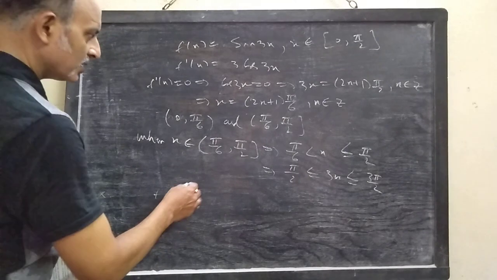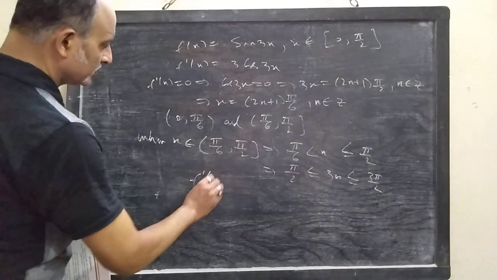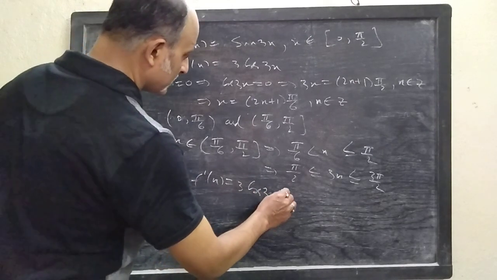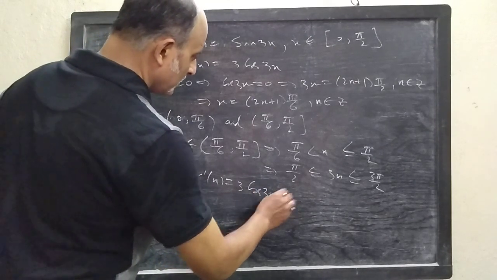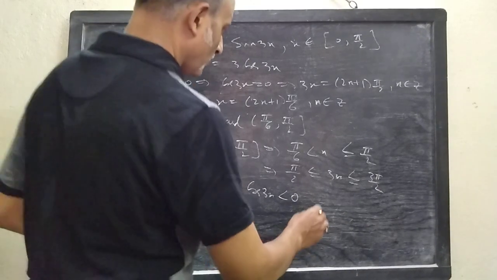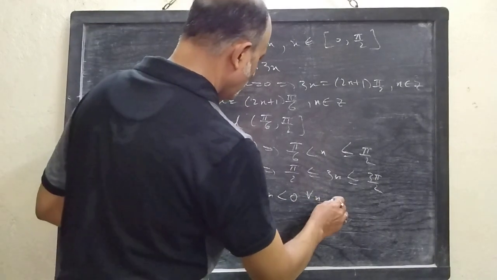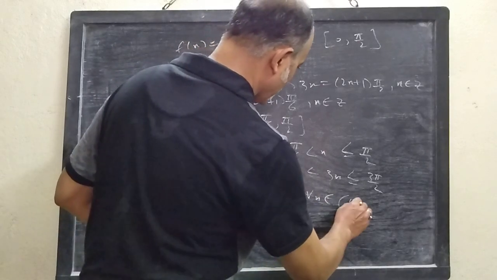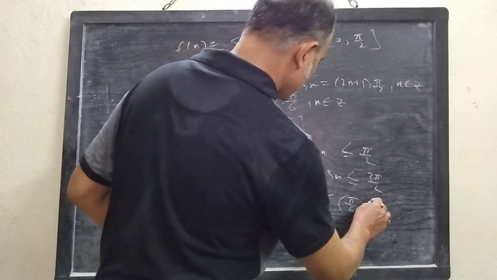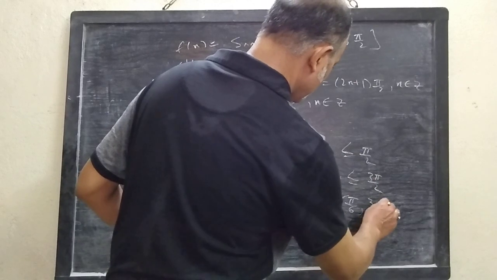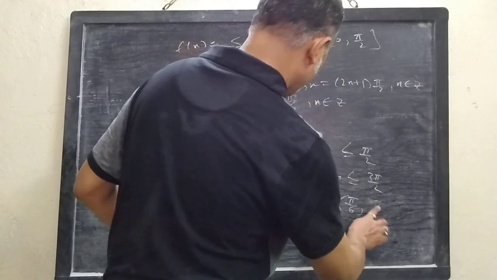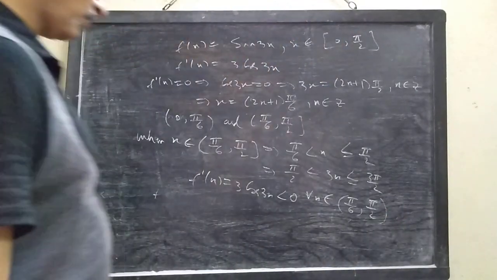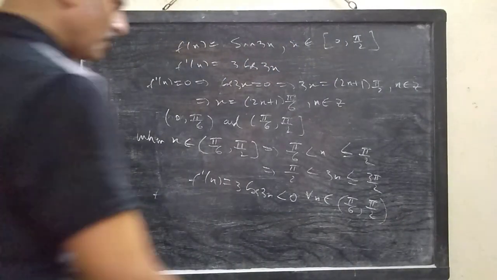So you can write 3 cos 3x is less than 0 for all x belongs to open pi by 6 to pi by 2, because at pi by 2 this becomes 0.